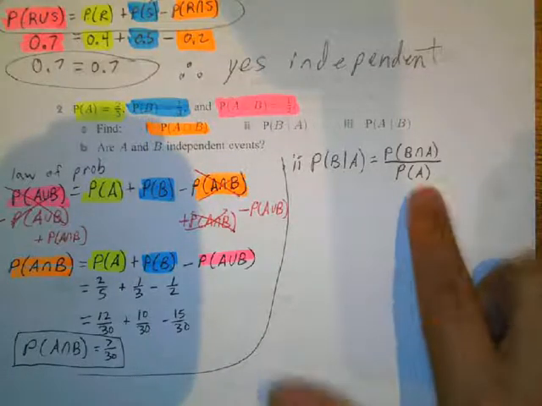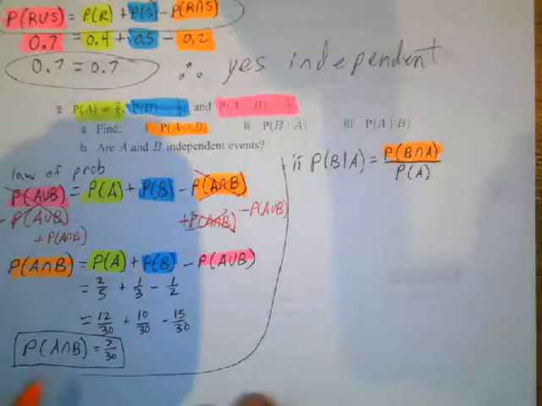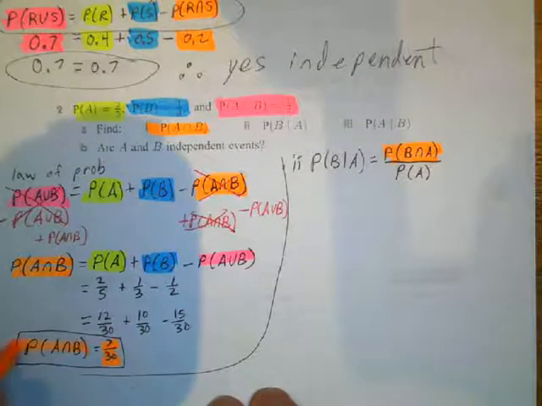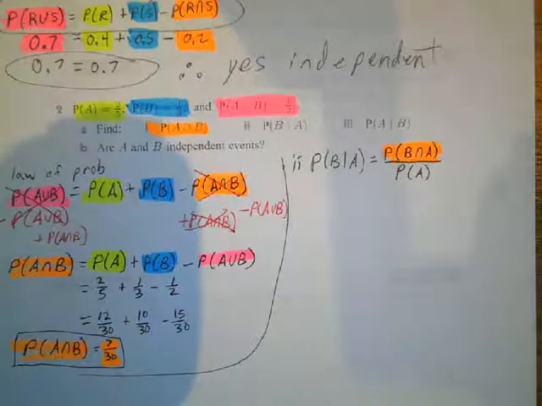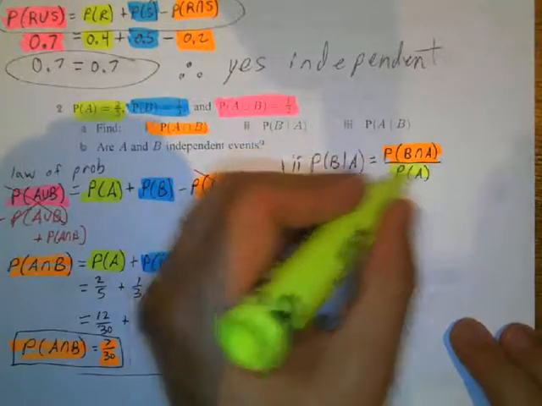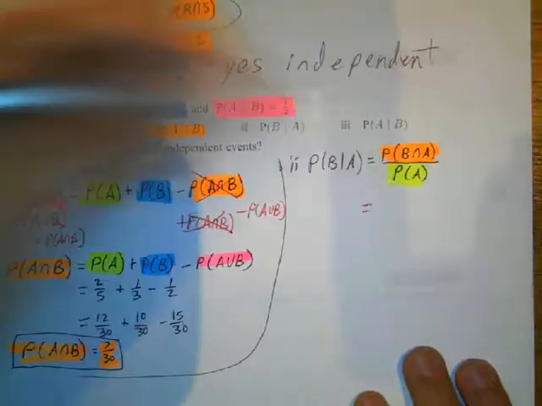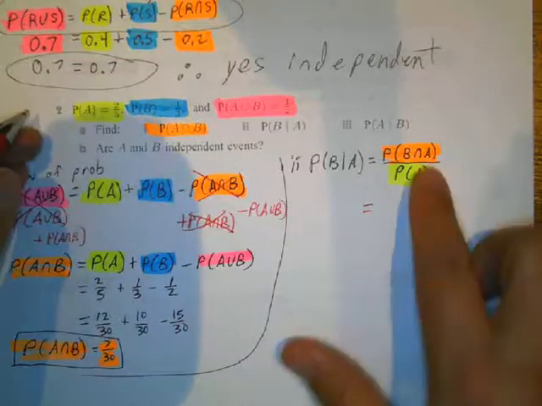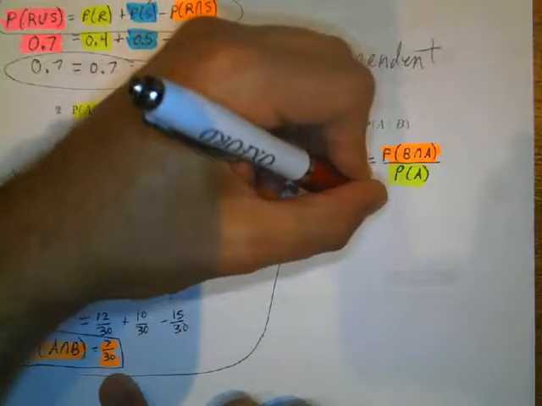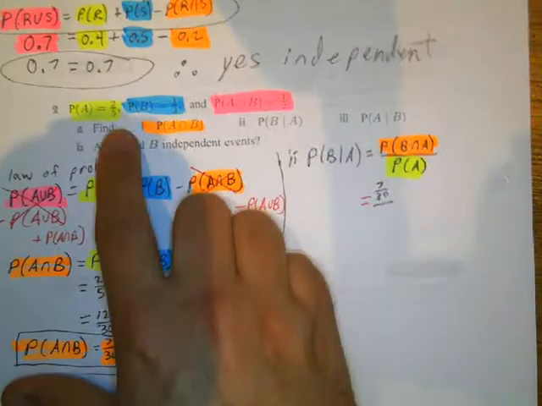B intersection A, or A intersection B, we just found that out, right? And probability of B, or probability of A, we already know that. So let's substitute that in. So this is equal to 7 over 30 divided by 2/5.